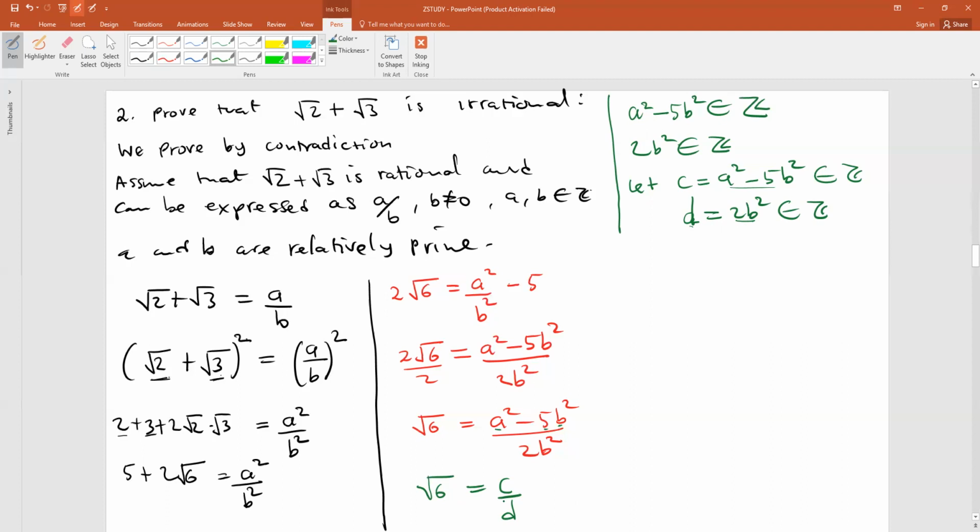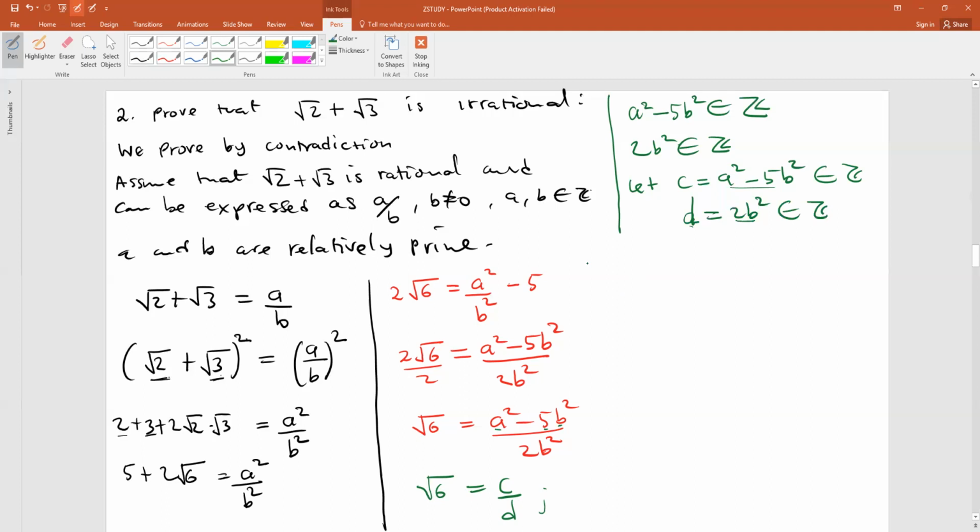So if they told you to use the fact that root 6 is irrational, then you end there. But now since they have not told you that, you're going to start from there, just the normal procedure. Now you have to prove that this is irrational.